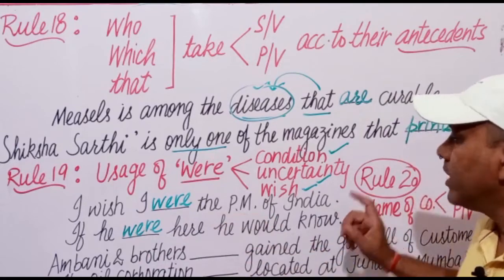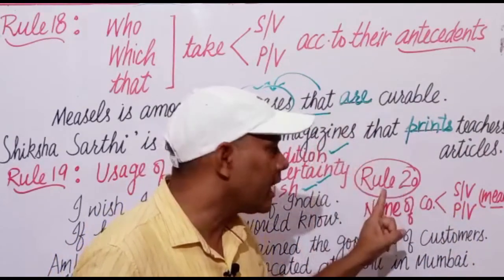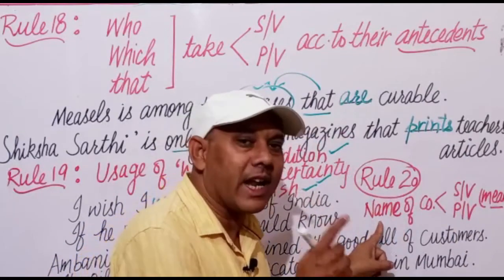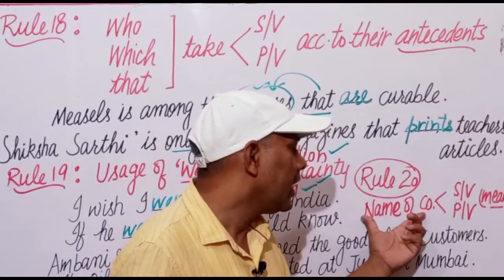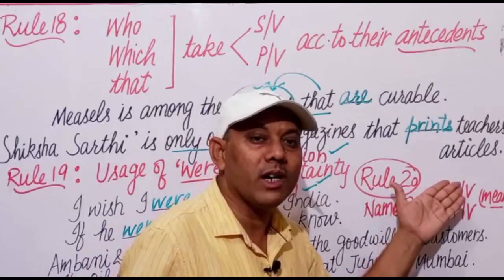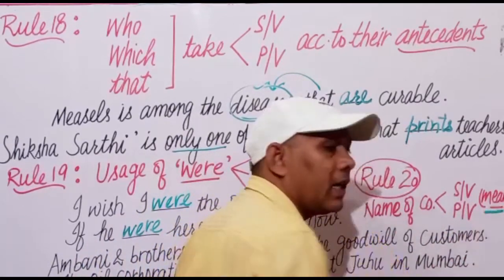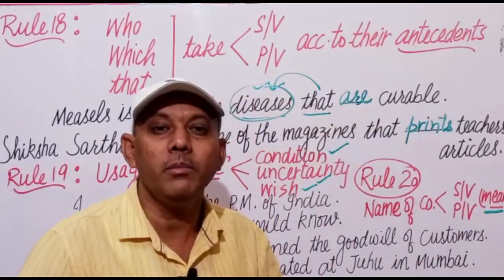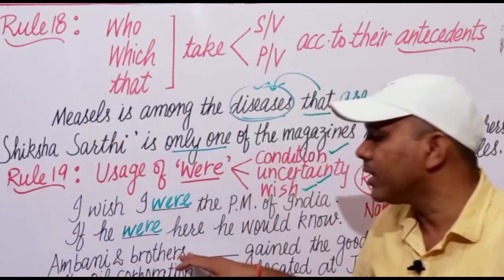Next is rule number 20. And what does this rule say? This rule says that if there is a name of a company, name of a corporation, it takes a singular verb or a plural verb depending upon the meaning of the name of the company. For example, Ambani and Brothers.